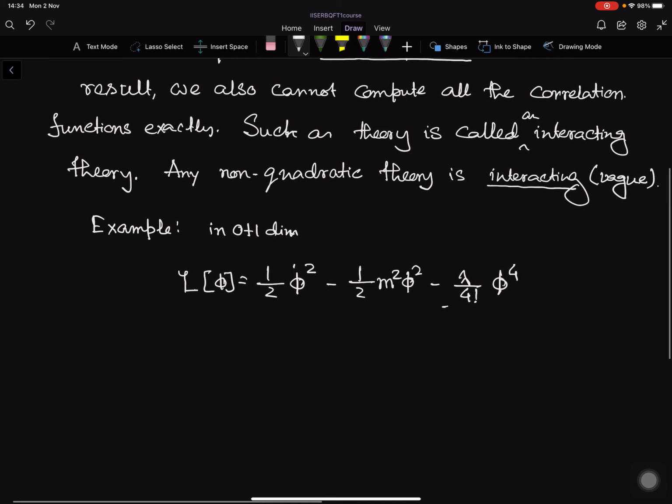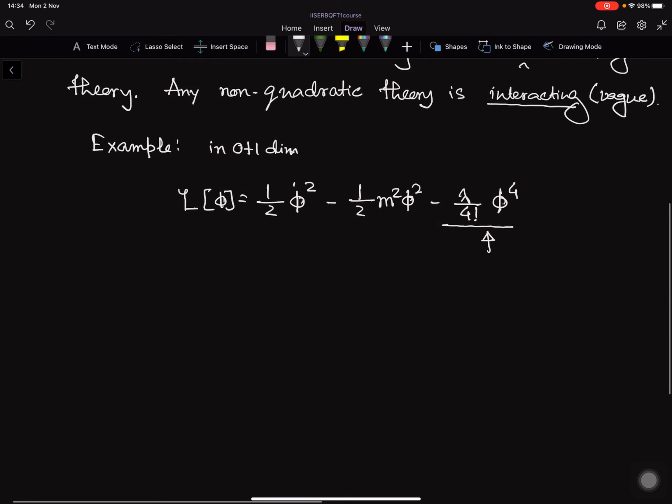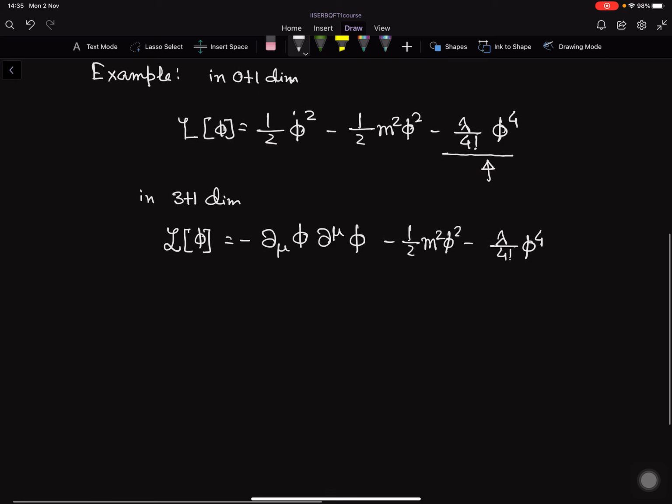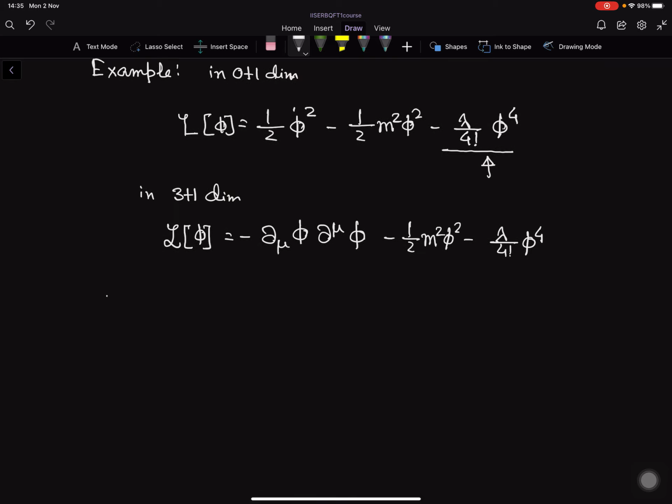So because of the presence of this term, we cannot find the spectrum exactly. Similarly, you can also consider an analogous theory in 3 plus 1 dimension, where the Lagrangian density is, okay. So in general there are many examples.